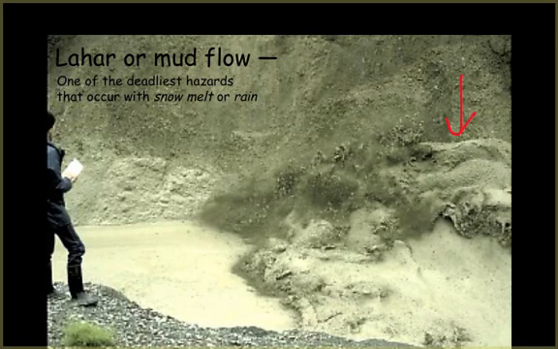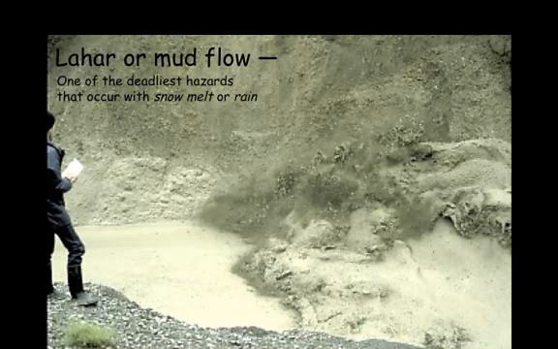It results from snow melt often or glacier melt, so it's a rapid melt. There's a sudden melting process that creates a surge that moves downhill and takes with it all the debris in its path, but it's also very thick and cement-like because of those fine particles of ash that are in it.